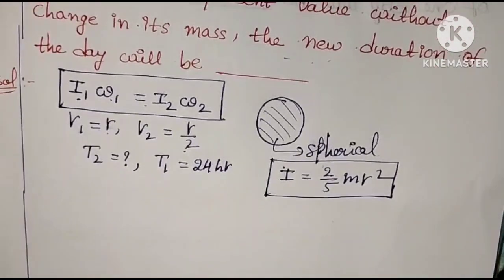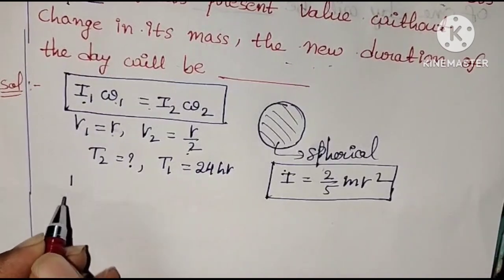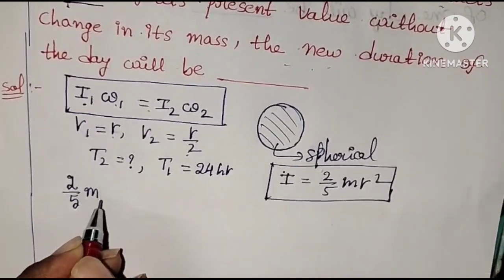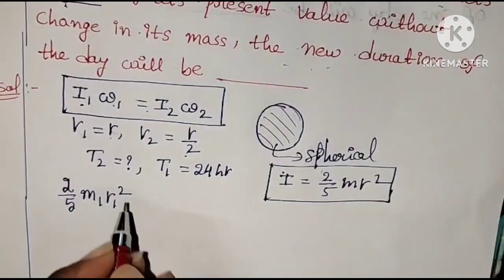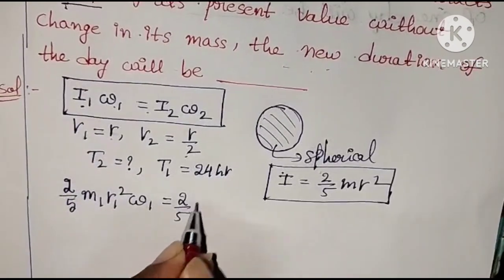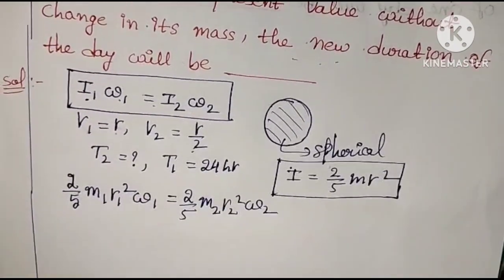Now, moment of inertia I1 means 2 by 5 m1 r1 square omega 1 is equal to I2, 2 by 5 m2 r2 square omega 2.